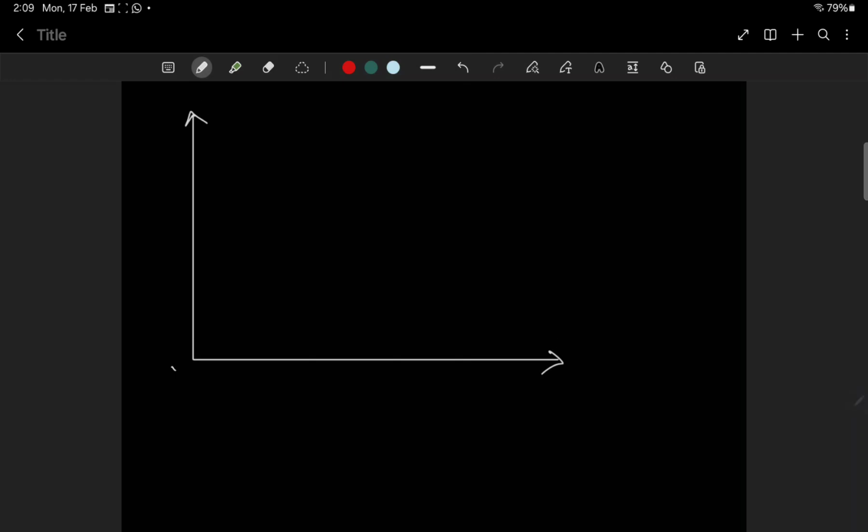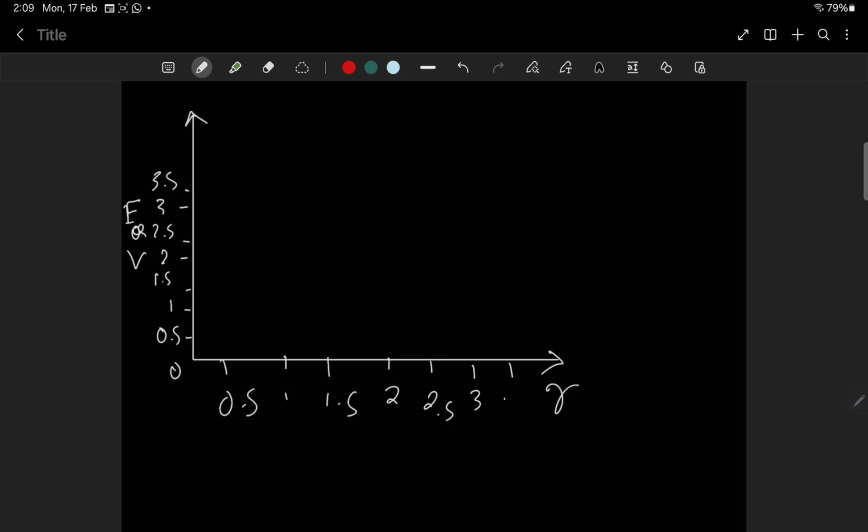Let us take this axis as electric field or voltage, E or V. This is distance, that is 0.5, 1, 1.5, 2, 2.5, 3, 3.5, etc.